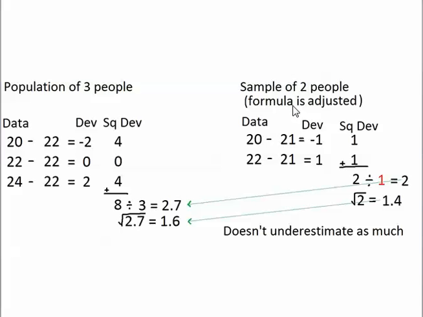And so the spread of the sample doesn't really represent the spread of the entire population very well. So to deal with that problem, you adjust the sample values so that the sample values will more accurately estimate the spread of the entire population.